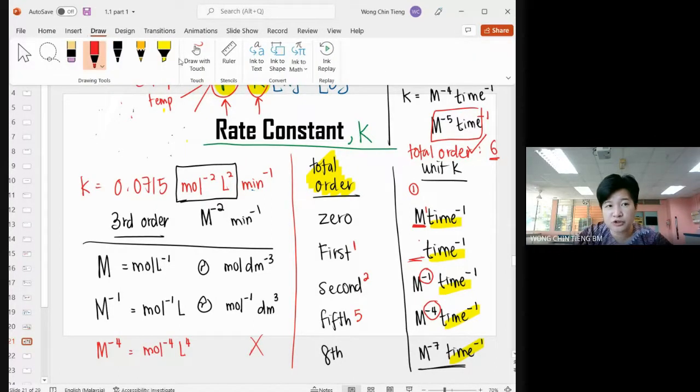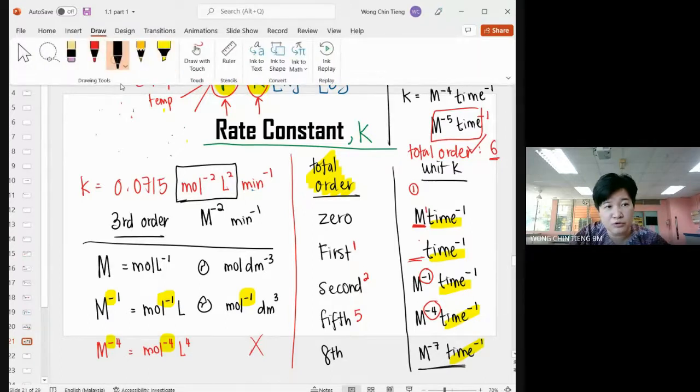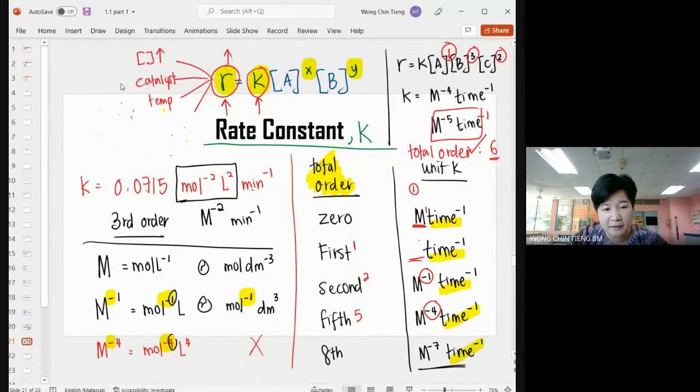What I'm trying to show you over here is when you come across mole negative, tak payah tengok orang belakang, tengok mole je. When you come across mole negative, you know it's a M negative. M negative berapa? Tengok pada mole tu adalah negatif berapa. Dia negatif berapa? Bermakna dia adalah molar negatif berapa. Nampak?